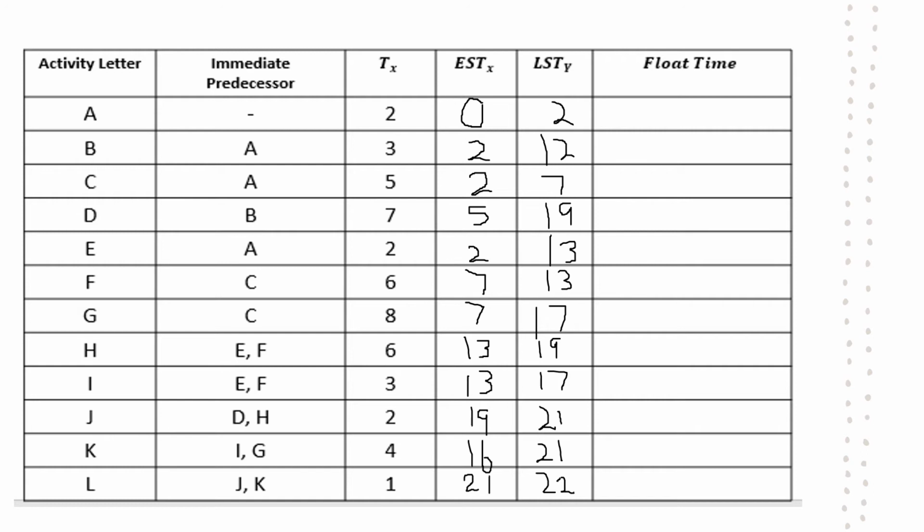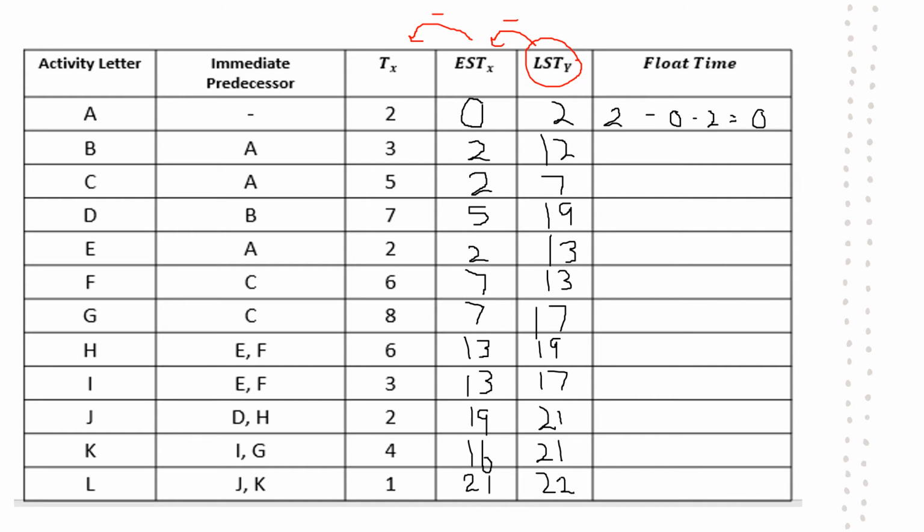Once you have got those values filled in, it's pretty easy to calculate the float time. All we're really doing is taking the latest starting time of Y, and then subtracting the earliest starting time of X and the time of X. So the float time of activity A would be 2 minus 0 minus 2, which equals 0.